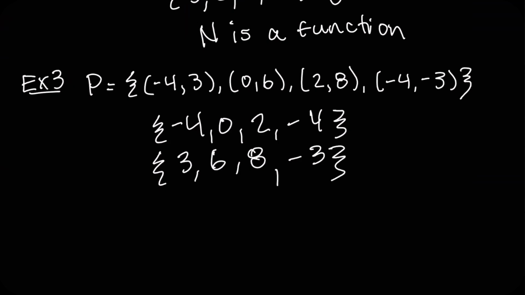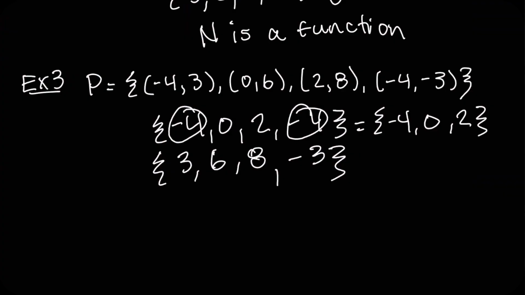Okay, so we can go ahead and reduce this just a tiny bit because we have the -4s repeating. So this is actually going to be equal to a -4, a 0, and a 2.